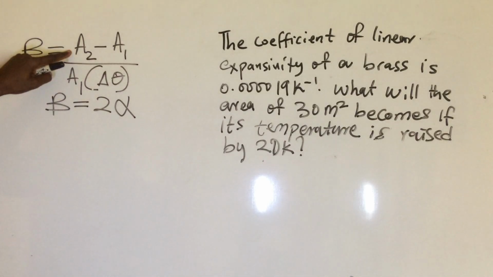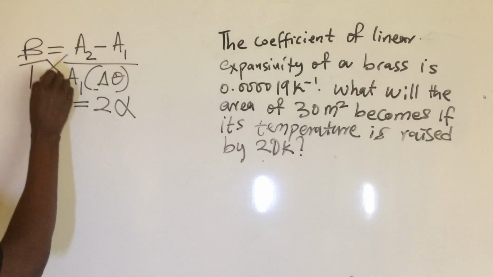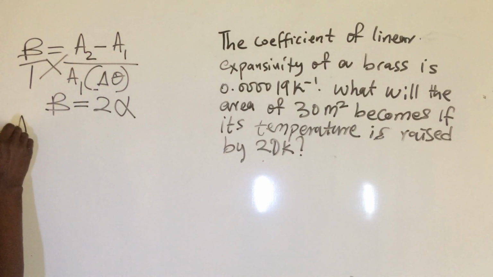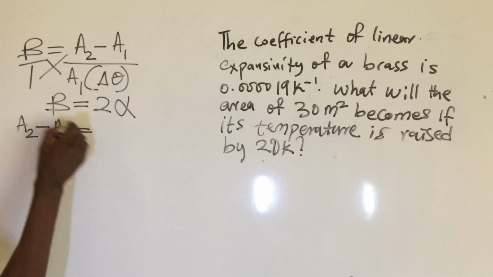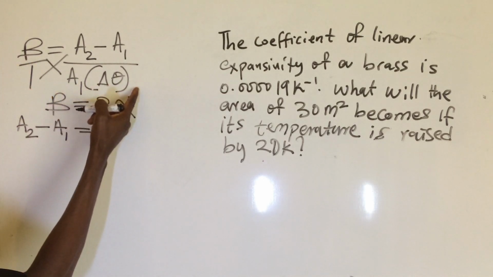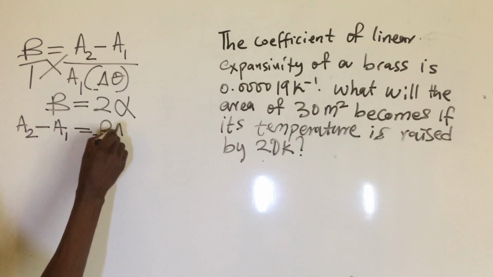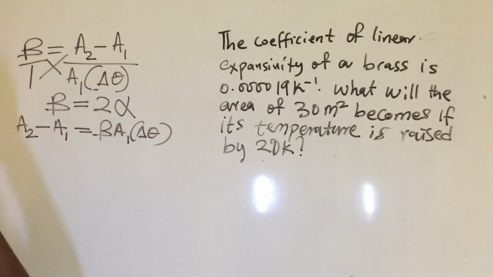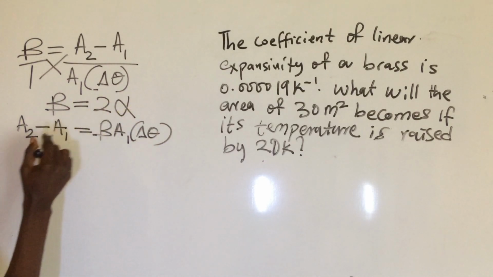Now, making A2 the subject of the formula, we cross multiply. A2 minus A1 equals beta times A1 times the change in temperature. But beta is 2 times alpha.